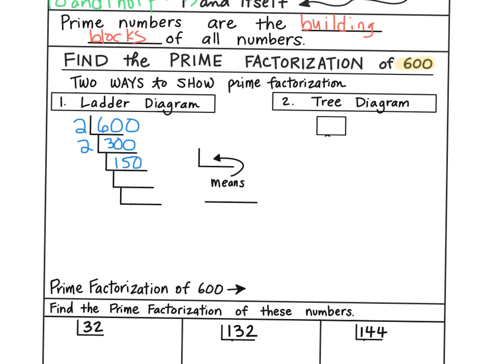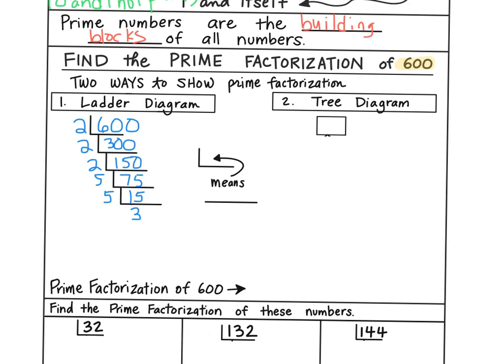150 is even again, so I could divide by 2. 150 divided by 2 is 75. Now, 75 is no longer even, but since it ends with that 5, I know it's divisible by 5. 75 divided by 5 gives me 15. 15, once again, ends with a 5, so it's divisible by 5 and leaves me with a 3.